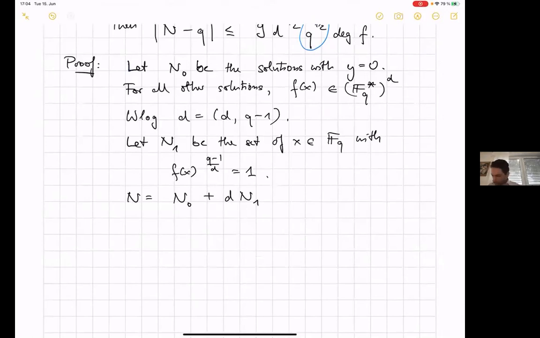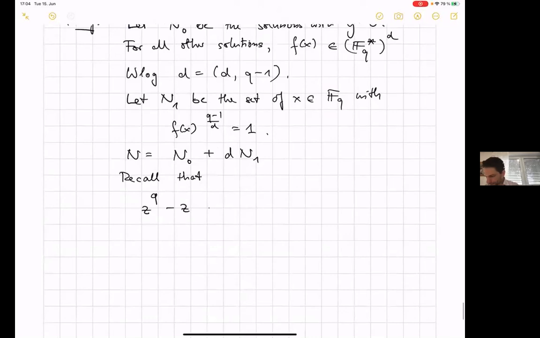Now comes the important trick. So recall that we have a factorization: z to the q minus z can be factorized. I can factor out z, and then I can factor out z to the (q minus 1) over d minus 1.